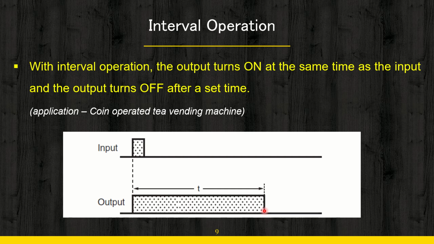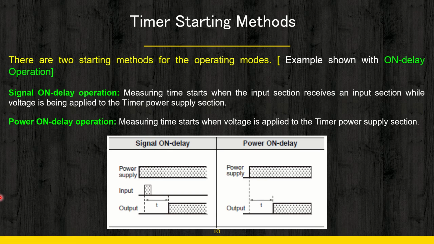So these are the four different basic timer operations, and the same has been translated in the language of PLC also. Now another important aspect that you should know is the timer starting method.